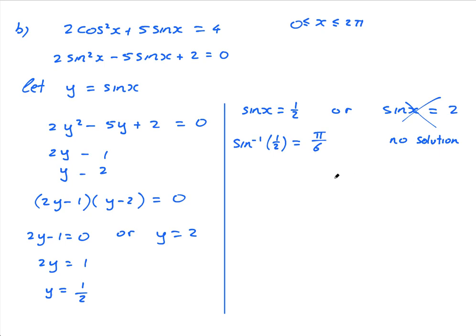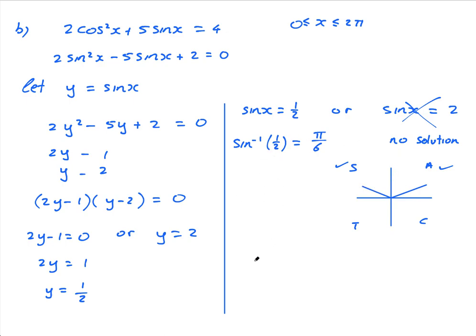You may have your own way to solve these, but I like to use the CAST diagram, so I'm just going to draw it very quickly. C-A-S-T. Which quadrants? Because sine of x is a half, so it's positive, it can be in this quadrant or this quadrant. This is the sine and the all, not here, not here. So it's going to be pi over 6 there, and then this one is pi minus pi over 6, which is 5 pi over 6.